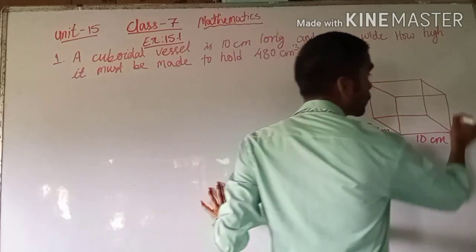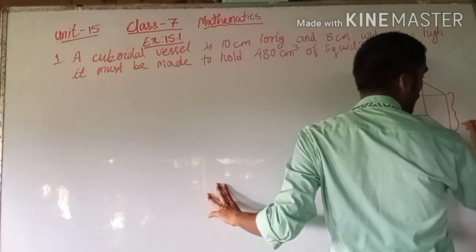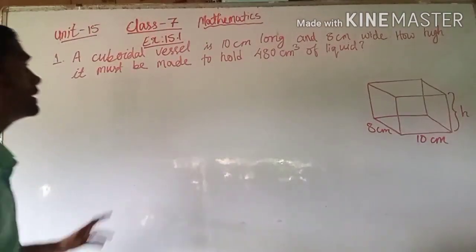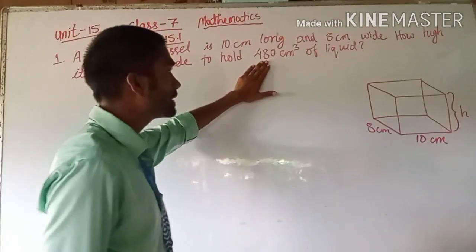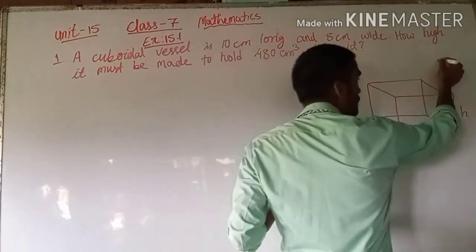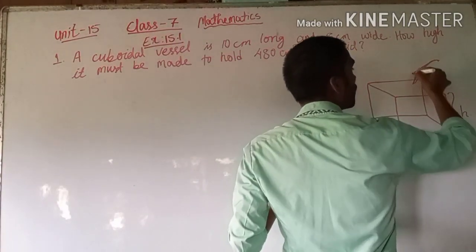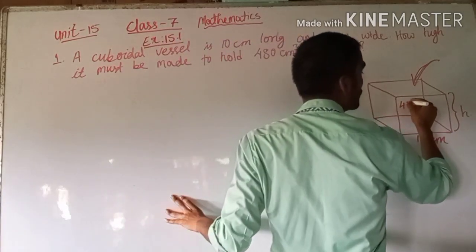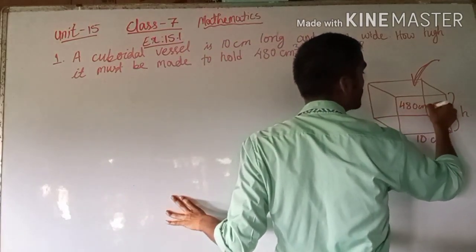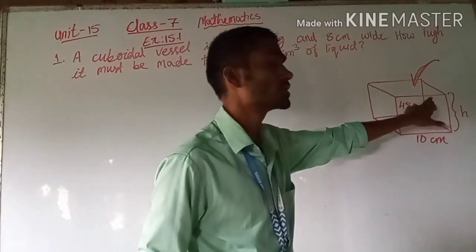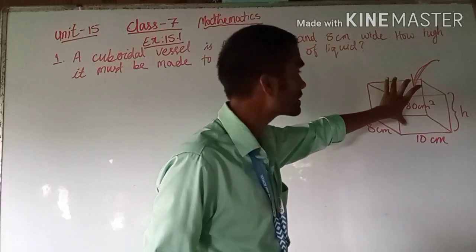Now what should its height be so that it can hold 480 cm³ of liquid inside it?